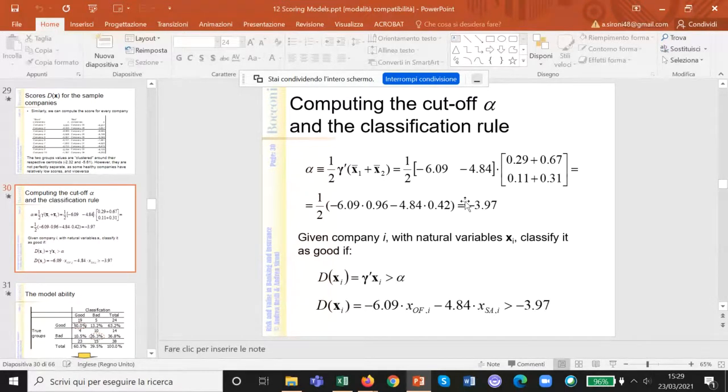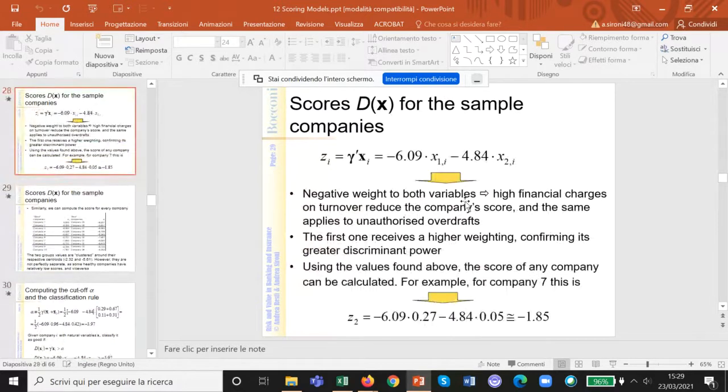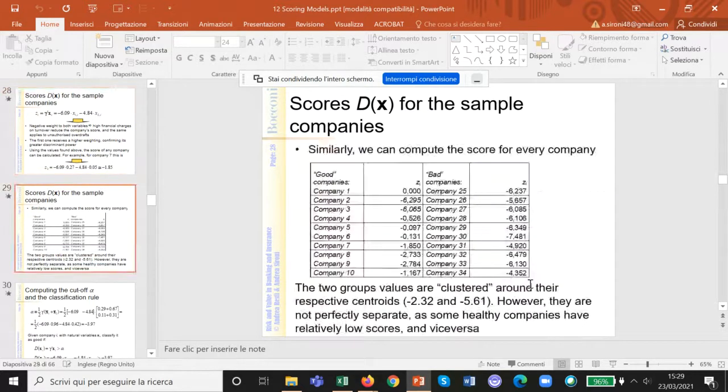Now, in this case, we can then use that as a threshold and as a kind of decision criterion, okay? So for example, here we computed that for company 7 and it was minus 1.85.